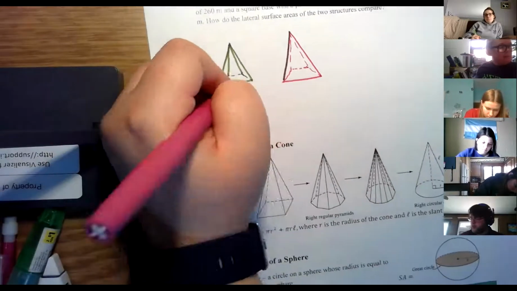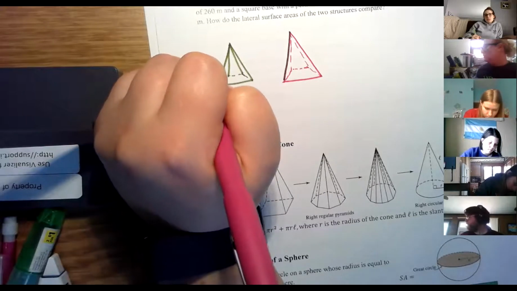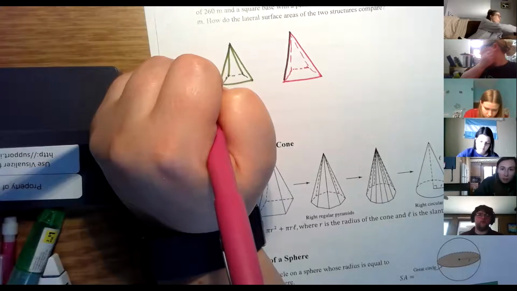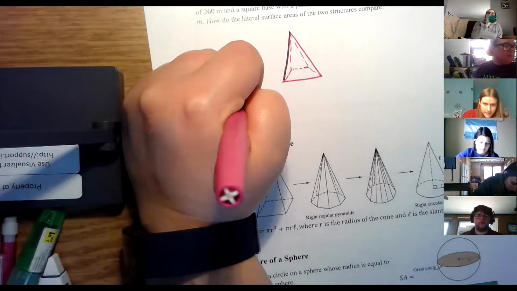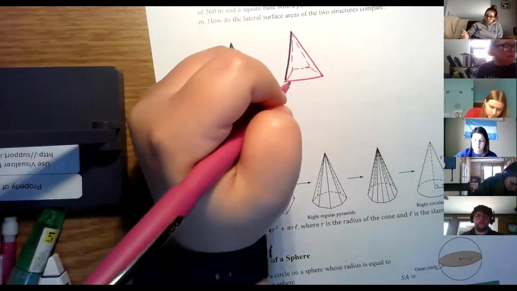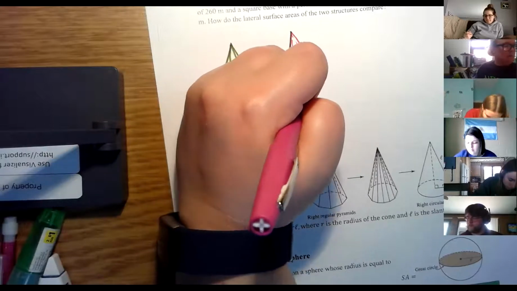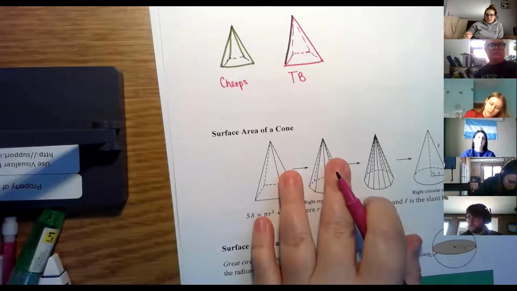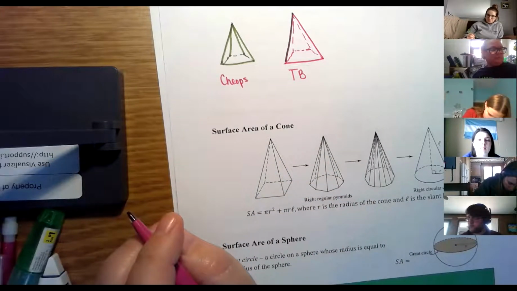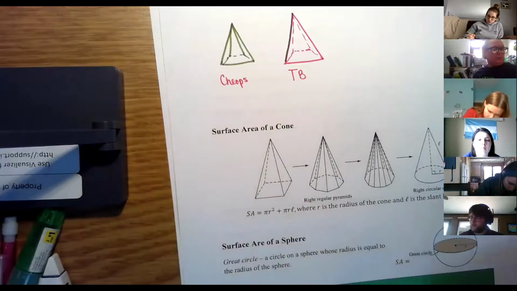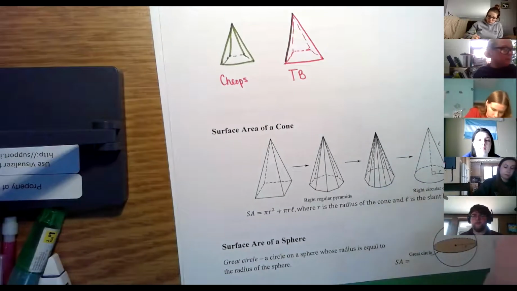So let's just say this is Cheops, and this is the Transamerican building. So for that guy, use a pencil. There's pencil.